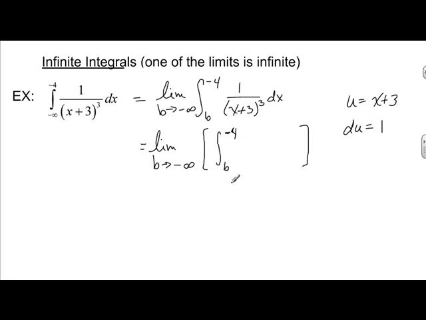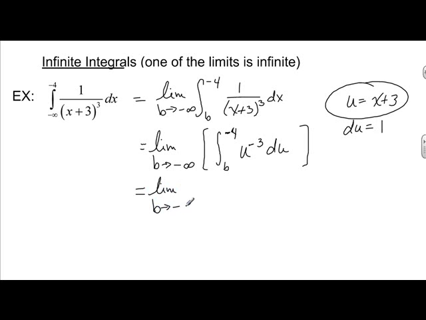I think that makes it harder. So we're going to do the substitution and rewrite the integrand, but we're not going to mess with the limits. We're just going to make sure that we replace u in our antiderivative with the quantity x plus 3 before we plug in the b and the negative 4. So we're bending the rules just a little bit because it makes our lives a little easier.